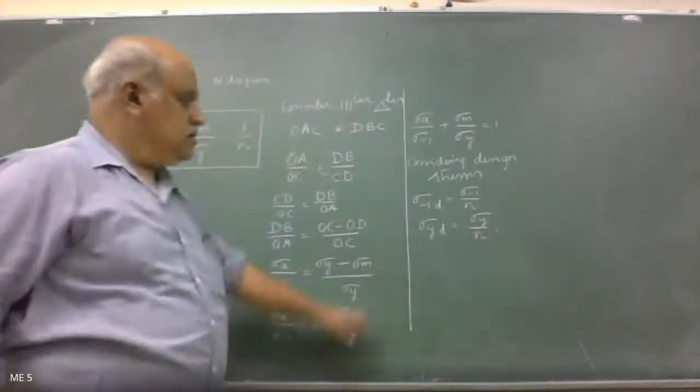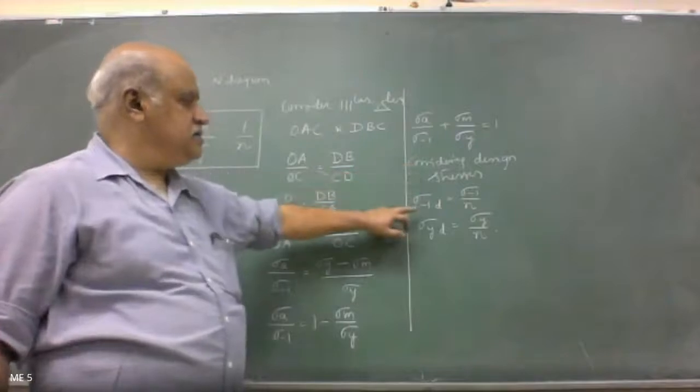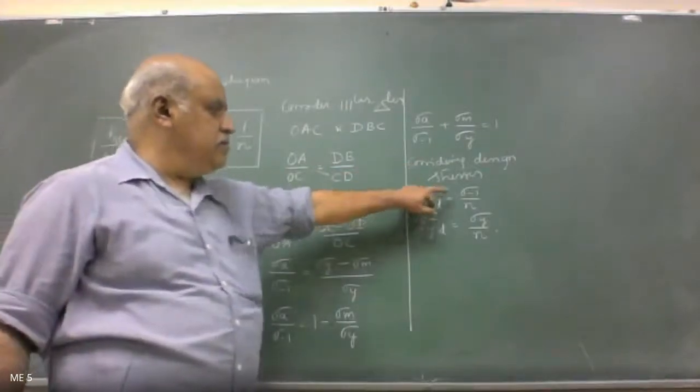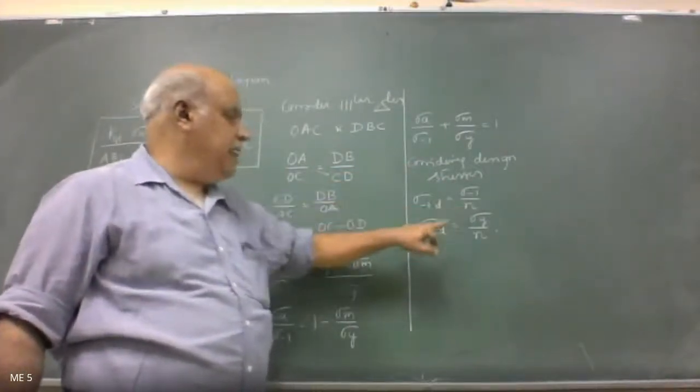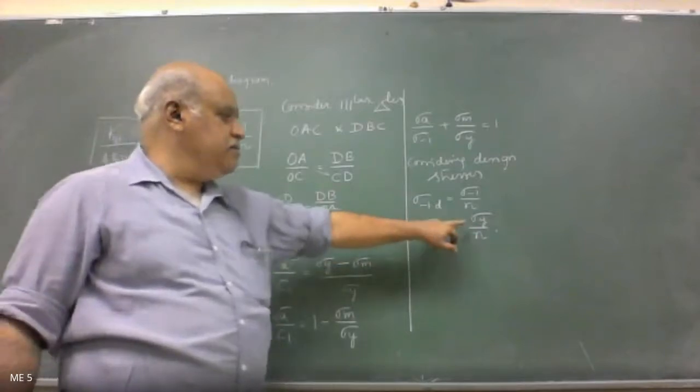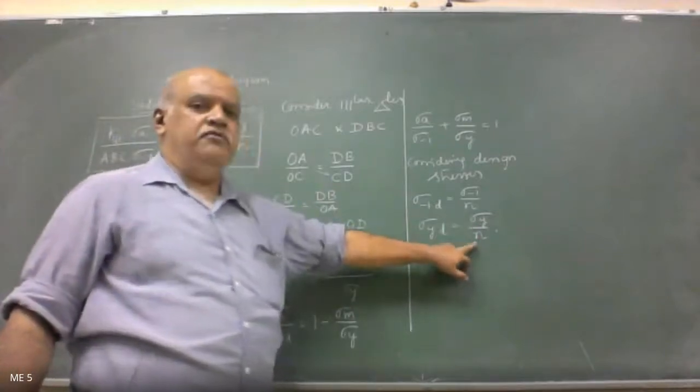Is that okay? So design endurance stress will be equal to endurance divided by factor of safety, and design yield stress will be equal to yield stress divided by factor of safety.